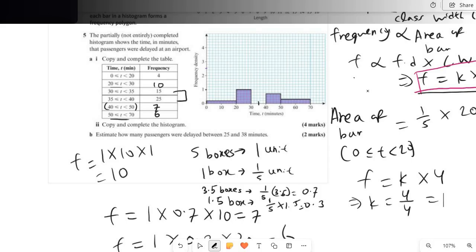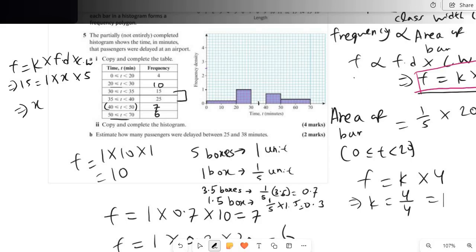So for the first one, the frequency is 15. So we can use the formula F equals K multiplied with frequency density into class width. For the first case, the 30 to 35 class, the frequency is 15. The value of K is 1. We do not know the value of frequency density, so we put it as X. So 1 multiplied with X here, and then the class width is basically 5, since 35 minus 30 is 5.